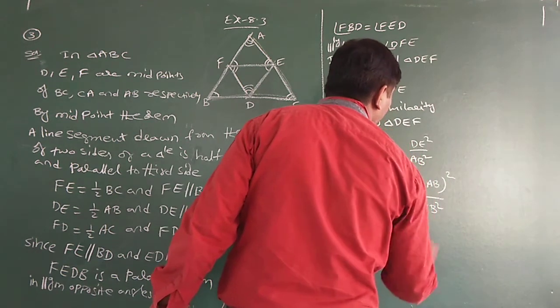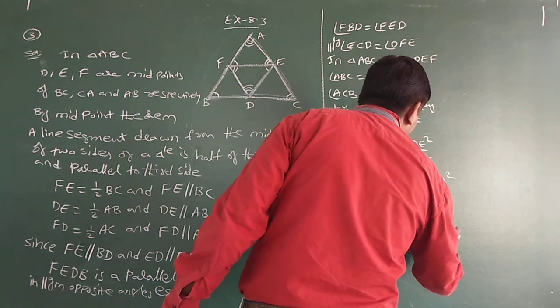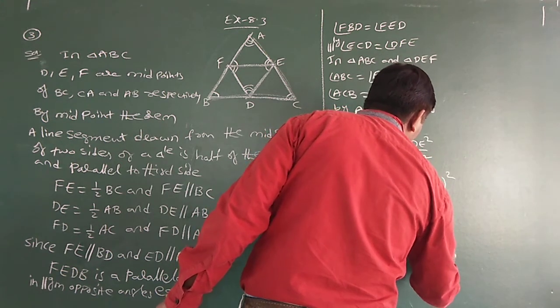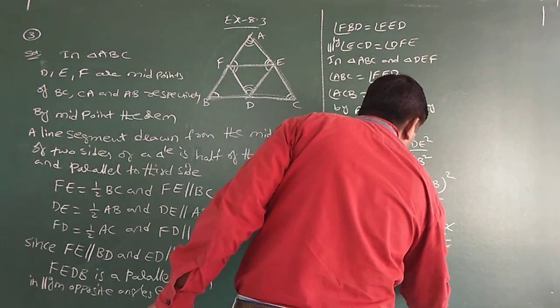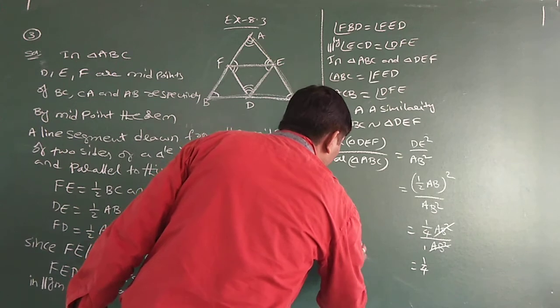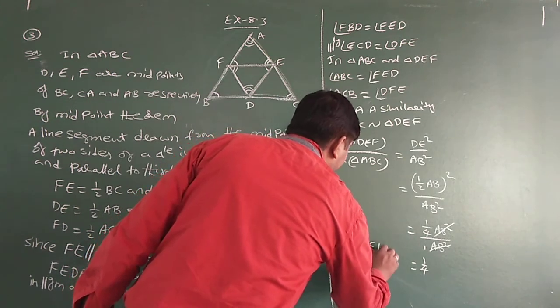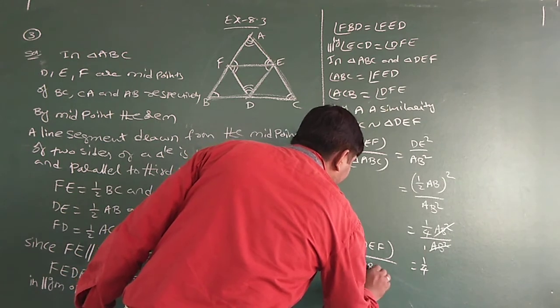This is equal to 1 by 4 AB square by AB square. AB square cancels, that is equal to 1 by 4. This is the area of triangle DEF by area of triangle ABC.